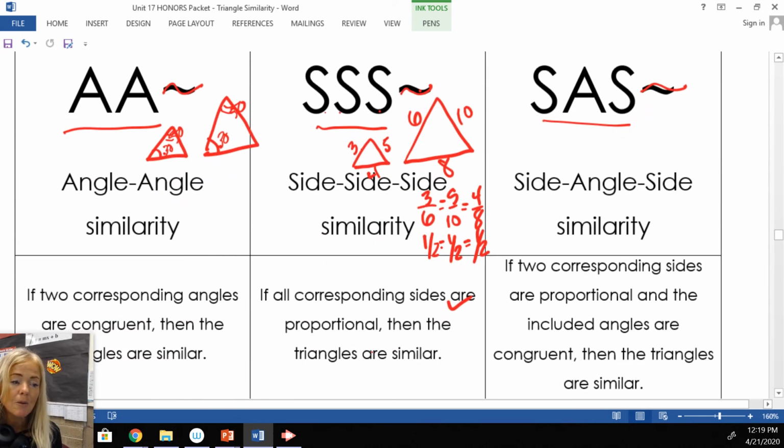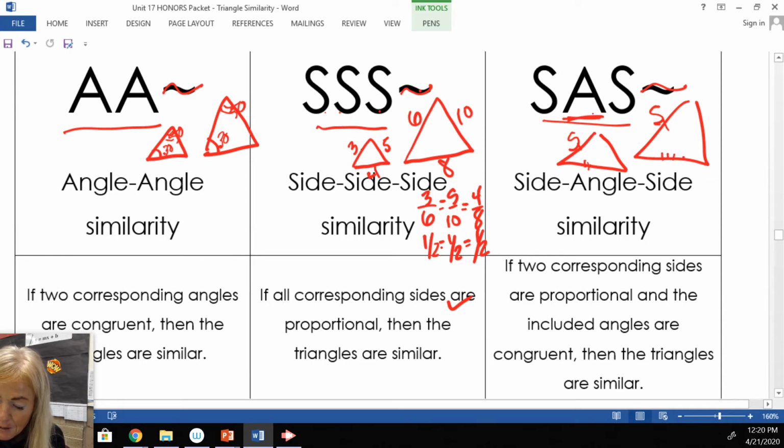This one's a little tricky because again we have that angle right there. That's the included angle, because included angles have to be between the two sides that have the same proportion. Side angle side similarity means that this side and this side, which are corresponding sides, have the same ratio as this side to this side.